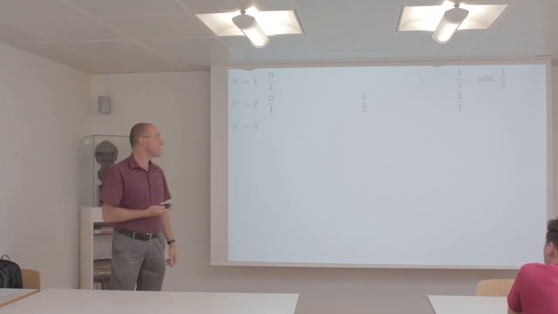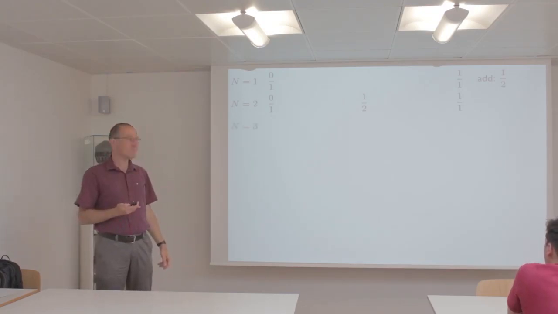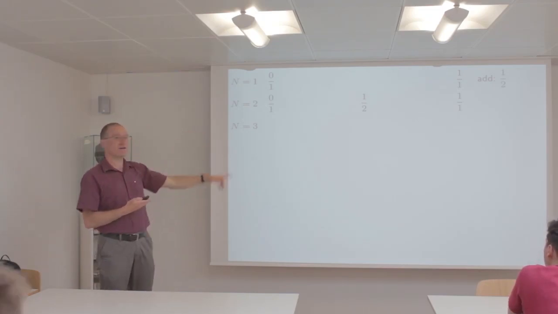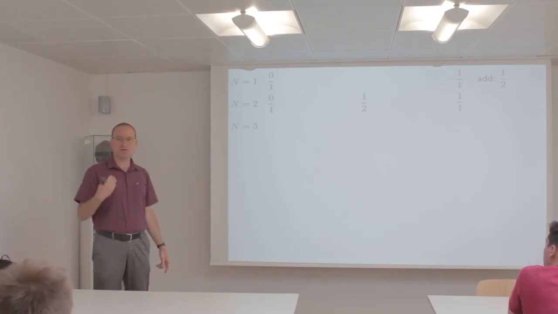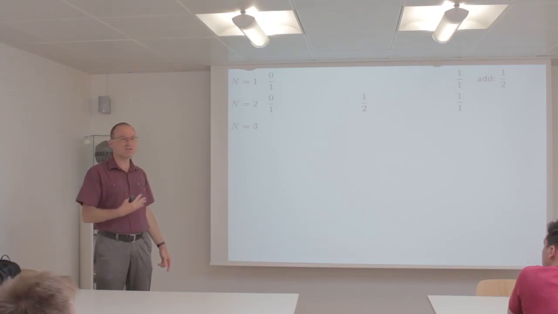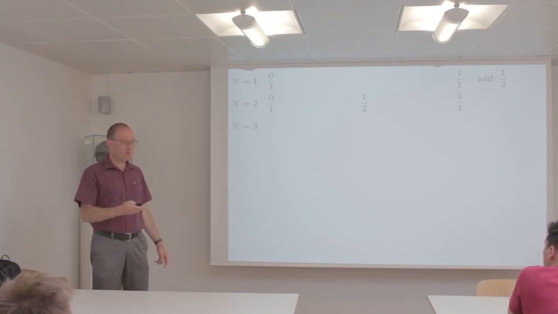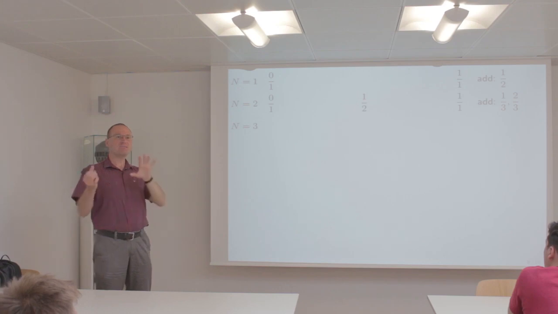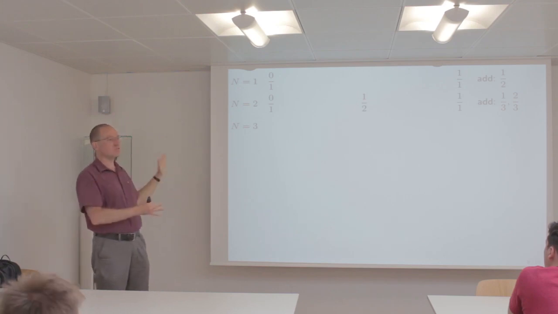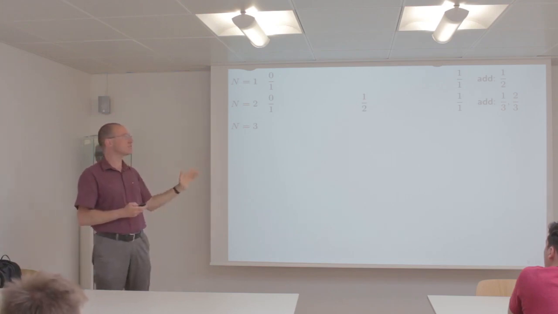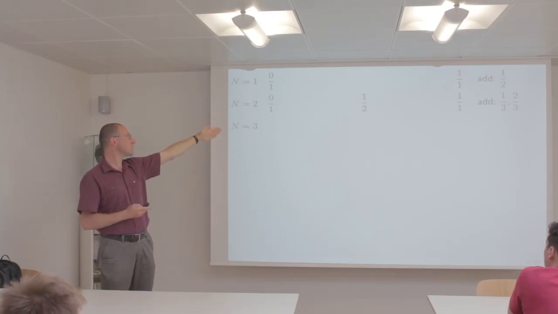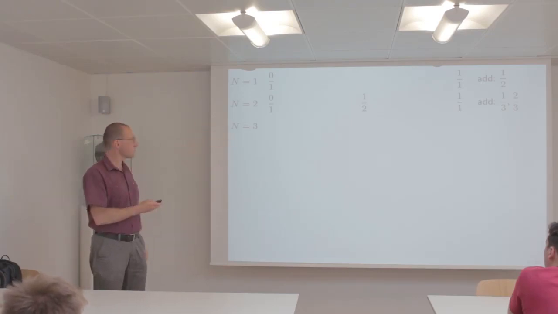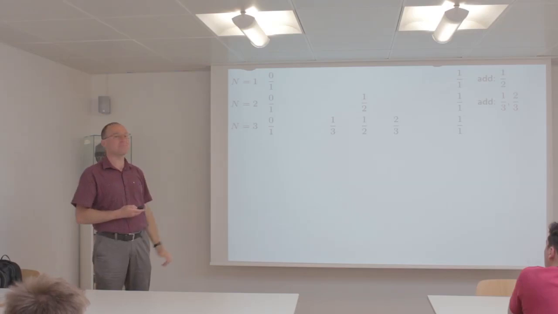Now take capital N to be 3. Now we want to list all the fractions in the interval 0, 1, bigger than or equal to 0, less than or equal to 1, with denominator up to 3. We have already written all of them with denominator up to 2. I only have to add 1/3 and 2/3, and place them where they should be, so that the fractions are in increasing order. 1/3 is between 0 and 1/2, and 2/3 is bigger than 1/2. Put them here and there.